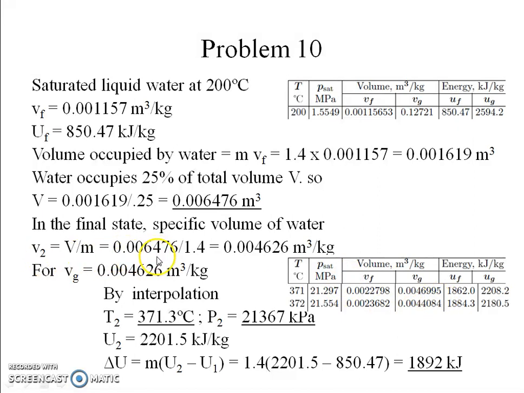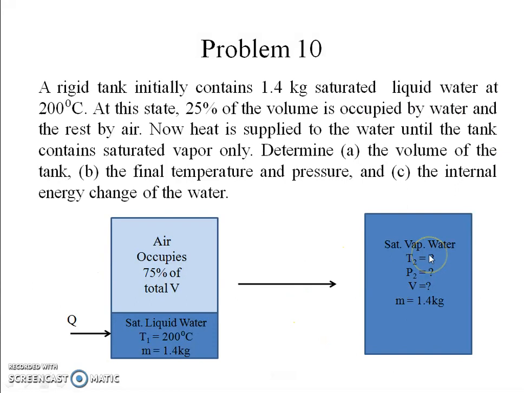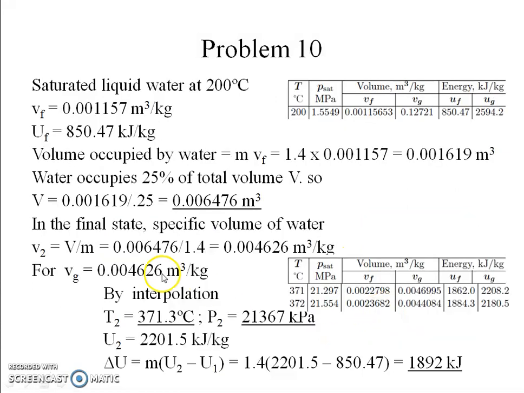Since the final state of water is saturated vapor, we look only at the saturated steam tables and locate where this specific volume lies. When we scan the table, we find that our value lies somewhere between 0.0046995 and 0.0044.